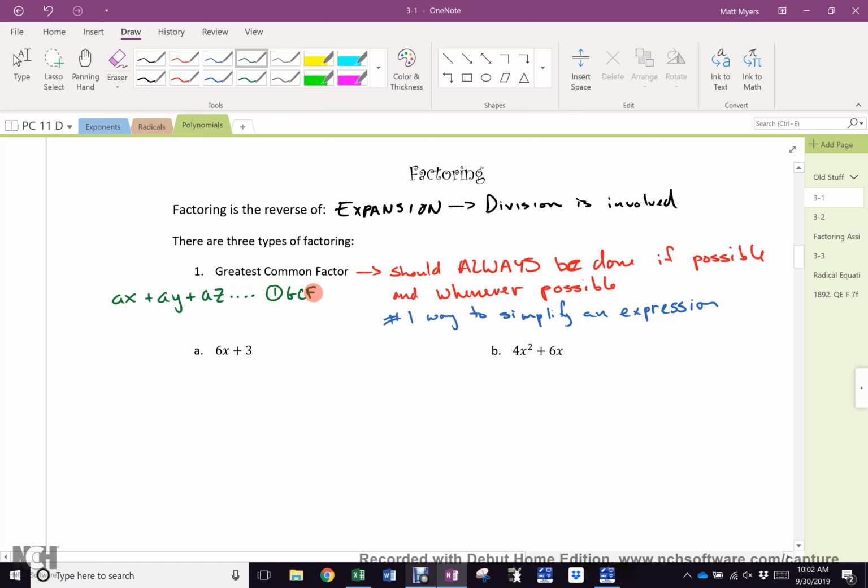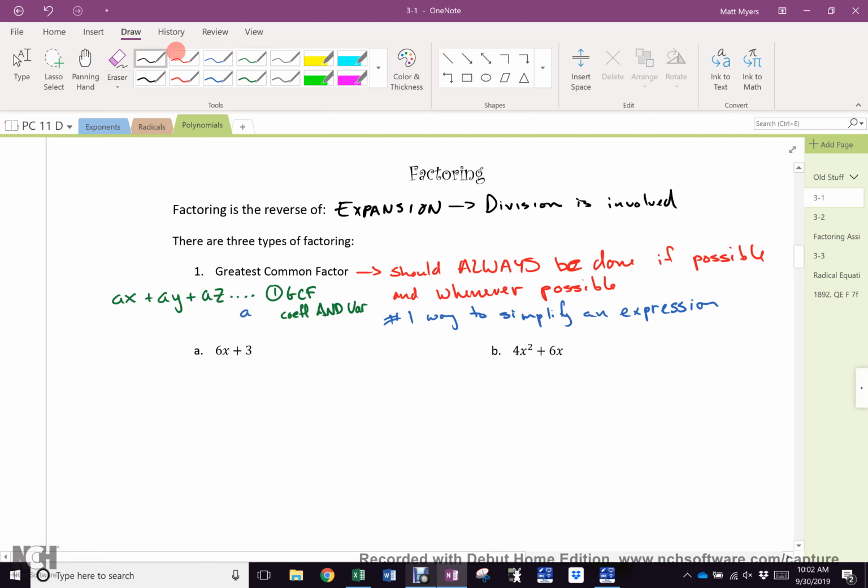The GCF includes both coefficients and variables. So, what is the GCF here? A. So, in this first one, it is A.